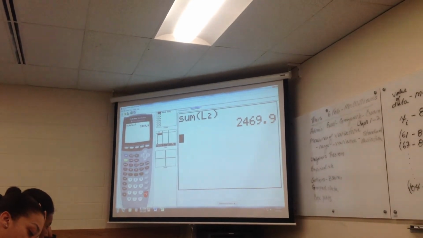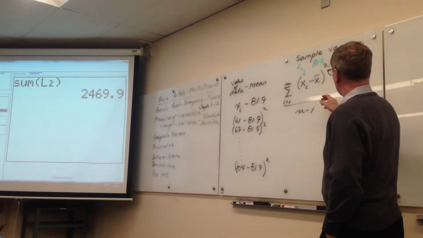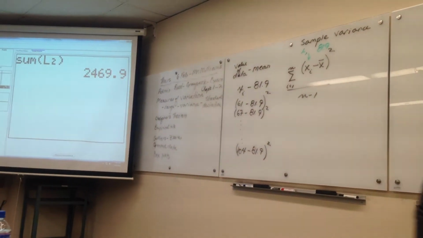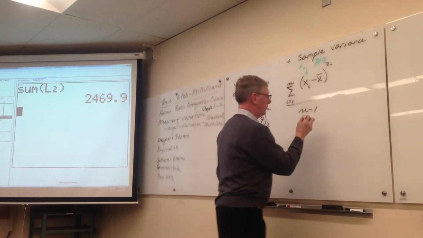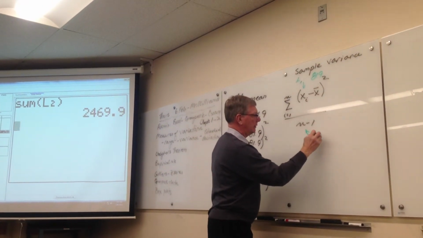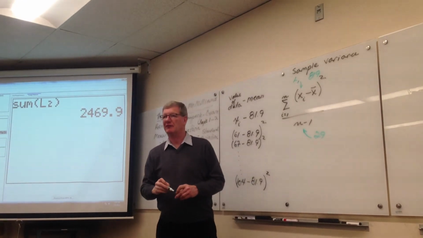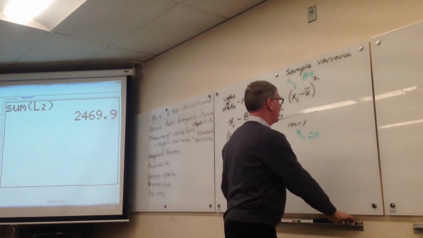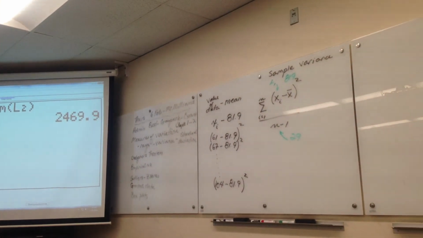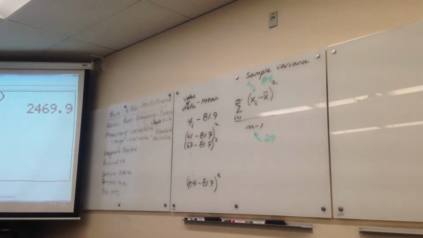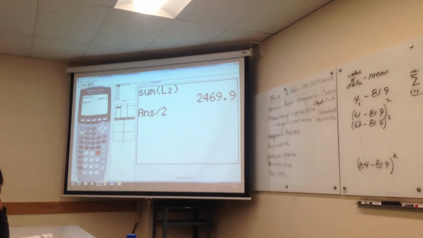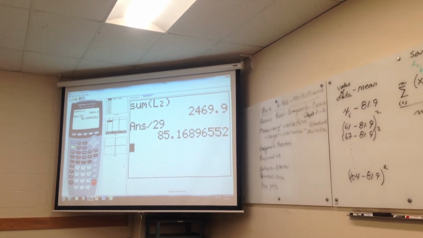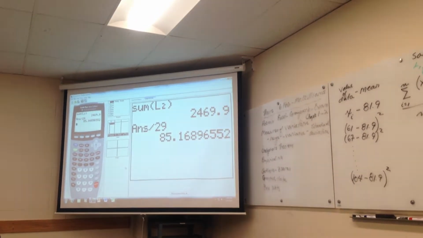All right, so we got the sum here, that's 24,699. Now we need to divide by n minus 1. What's n minus 1 in our case? How many data points do we have? 30, so this is 29, right? So we're going to divide by 29, and what number do we get? I think we get 85 point something, right? 85 point what? All right, so I'm going to put 85.2, rounded off.